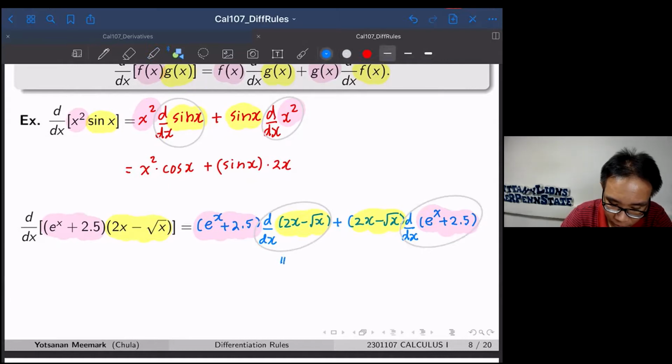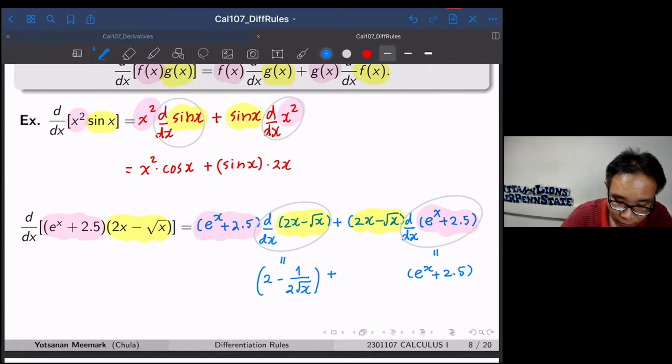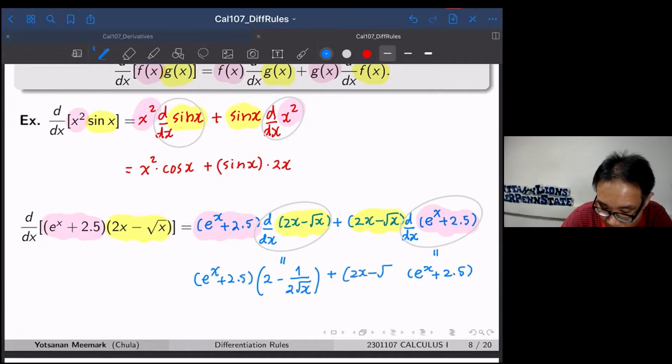It's going to be 2 minus 1 over 2 root x. And the next one here is just e to the x plus 2.5, and you multiply e to the x plus 2.5 and 2x minus root x out. Okay, so this is how we have the derivative of the function.